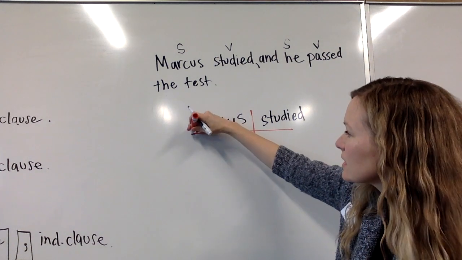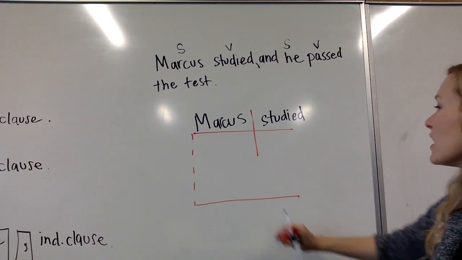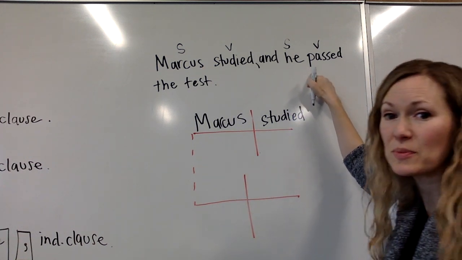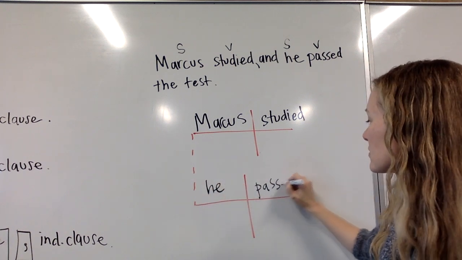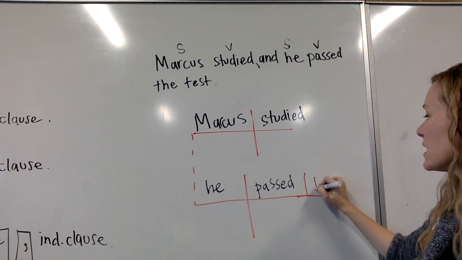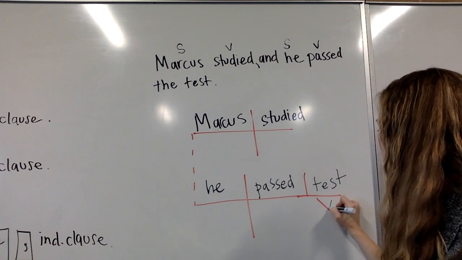Marcus studied, and we want to connect the two independent clauses with a dotted line. So then we'll put our subject and our verb down here too, from the next independent clause. So he passed. What did he pass? Direct object, test. Which test? The.